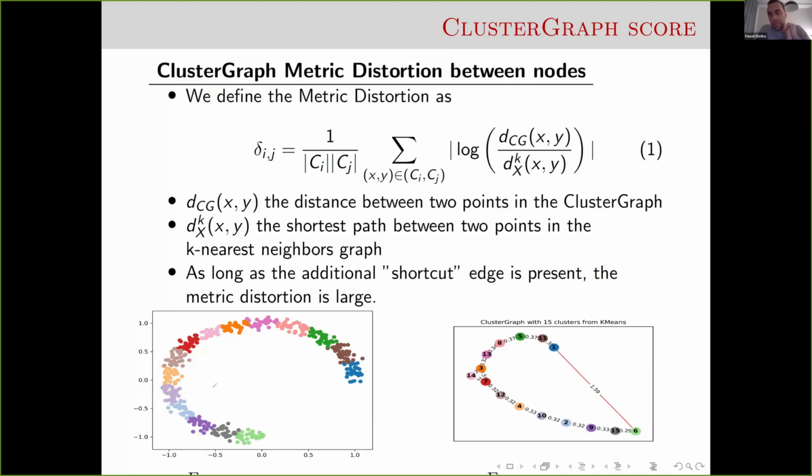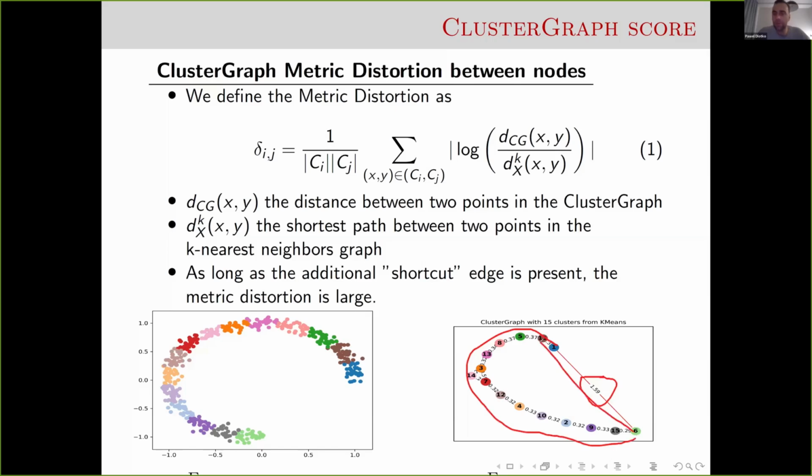About the pruning, if we look at the bottom of the page, we have the clustering of this half moon dataset with 10 clusters, I think, using k-means. And at a certain stage of the pruning, if we still have this edge, we realize that this edge will have very high metric distortion because for the intrinsic distance, we really need to go around the whole thing.